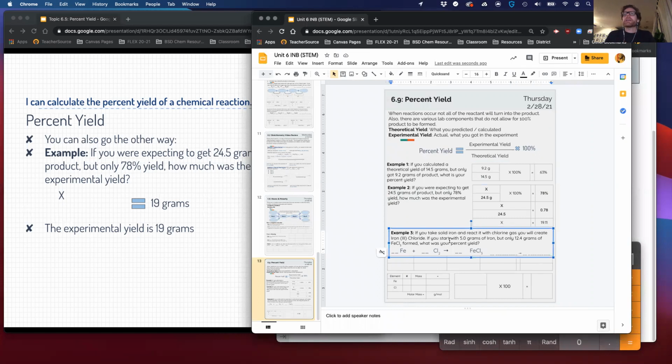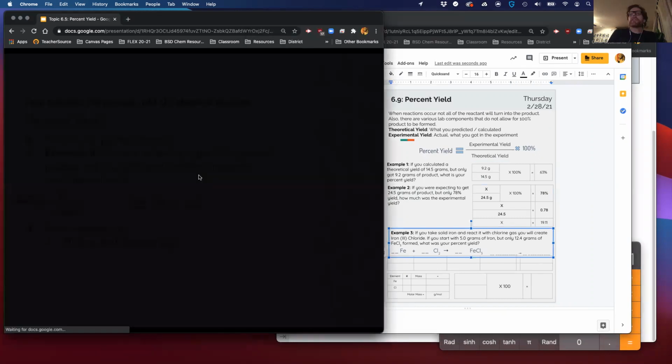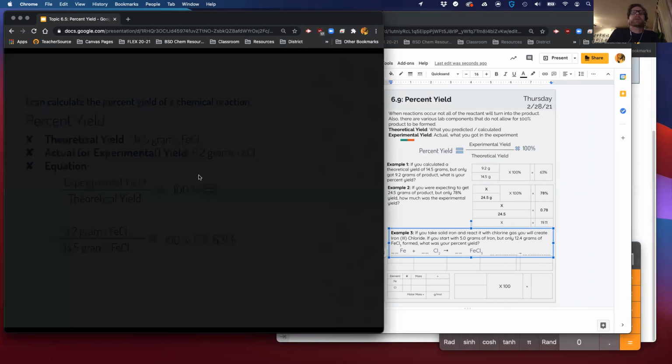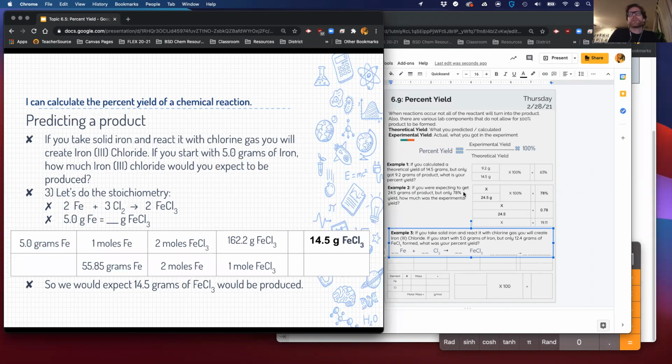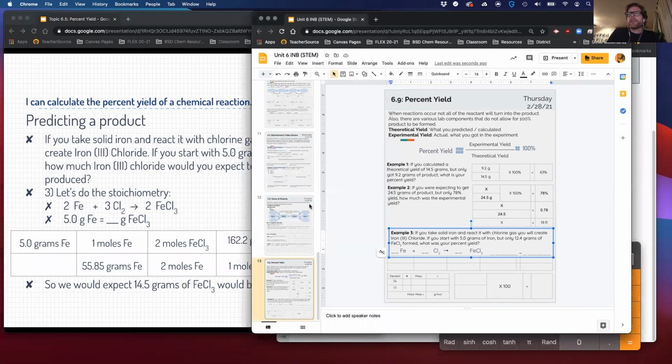And basically it revolves around this very first one that I did right here. Okay, and I'm going to skip a couple steps because you all are experts at stoichiometry by this point. But basically, if I take 5.0 grams, what's going to happen? Well, okay, so I had a 2 here, a 3 here, a 2 here.